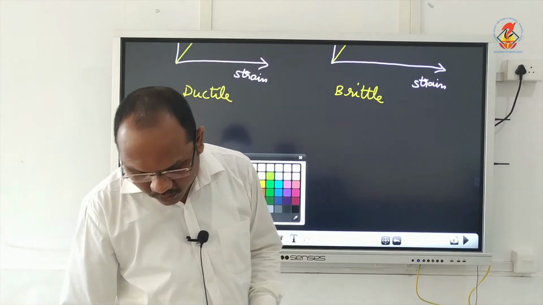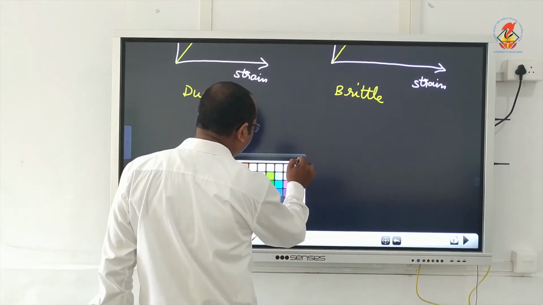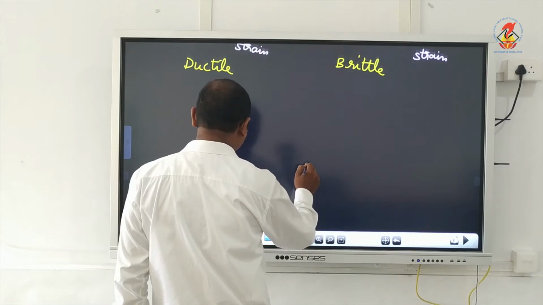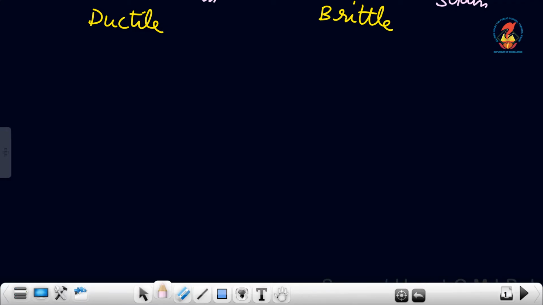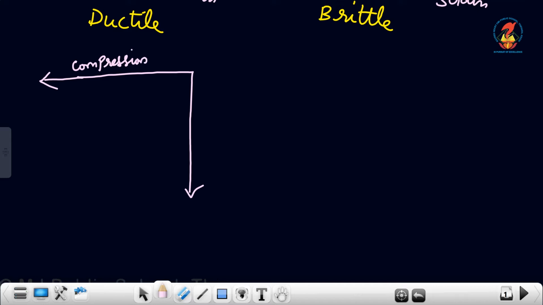So when I draw the stress strain graph of a malleable material, the graph will be along this side. Here I mark compression and here I mark applied force.